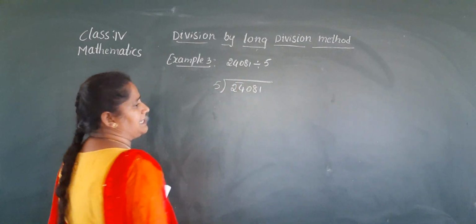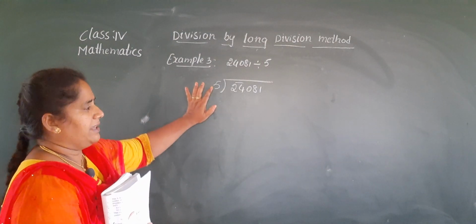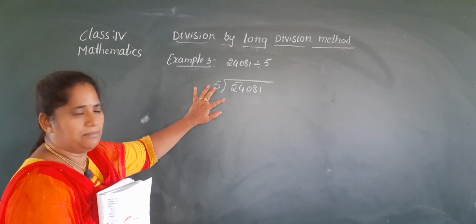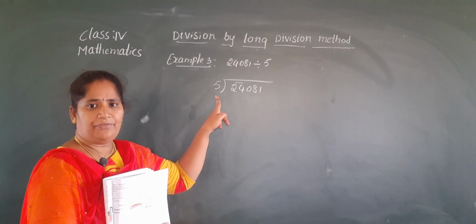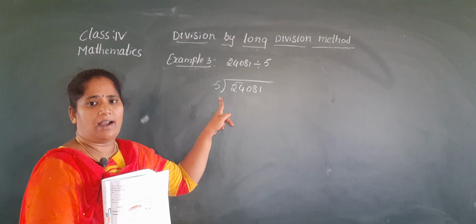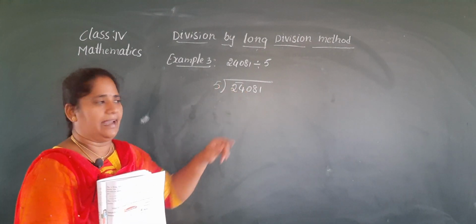So in these cases you take 2 digits at a time. 2 is less than 5. So we can't divide. So in such cases you divide 2 numbers at a time.